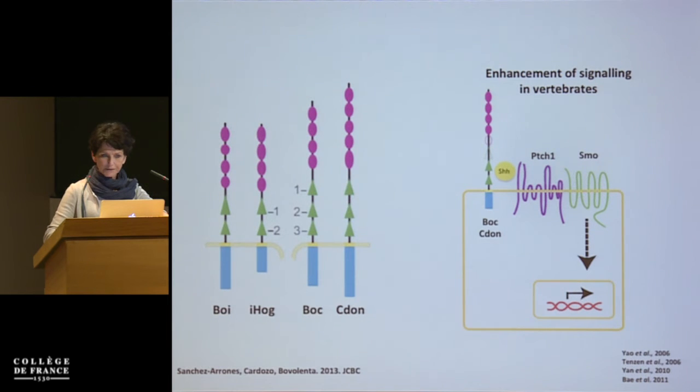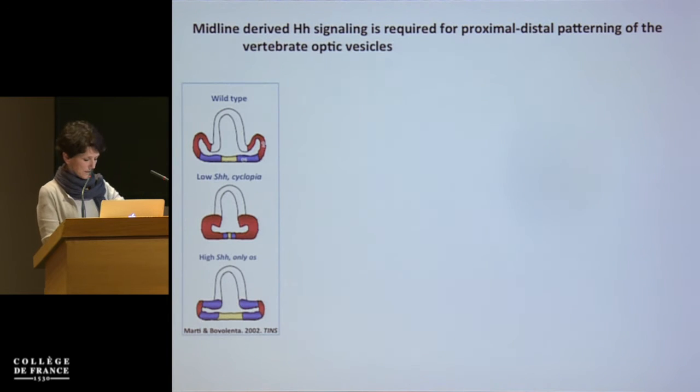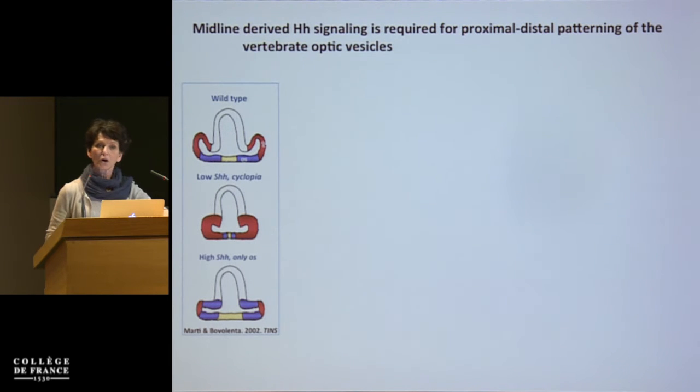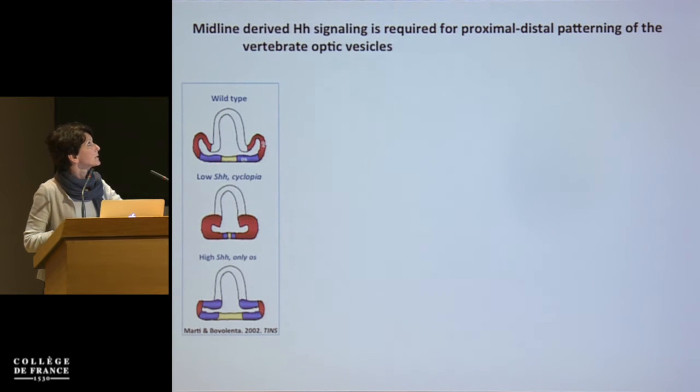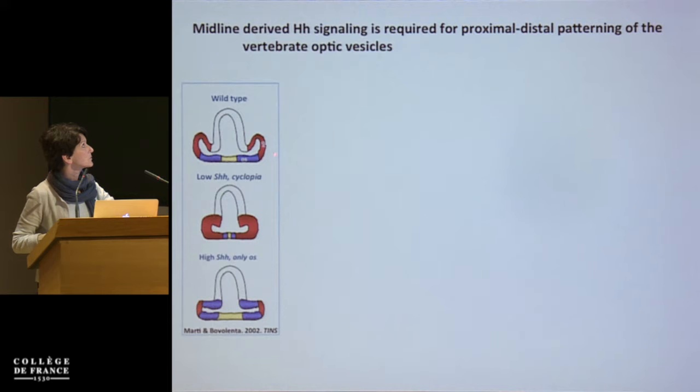Now, the other focus of my talk, as I said, is the visual system. Hedgehog is known to be important for the initial patterning of the eye in vertebrates, and it has been shown that midline-derived hedgehog is important for proximal-distal patterning of the optic vesicle.